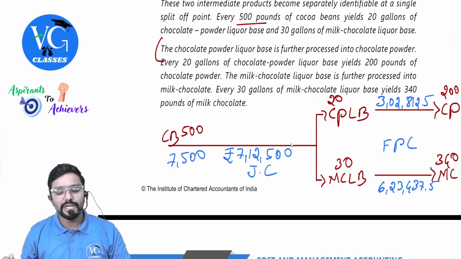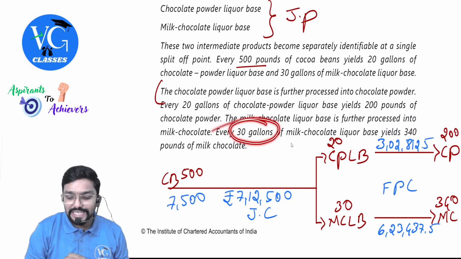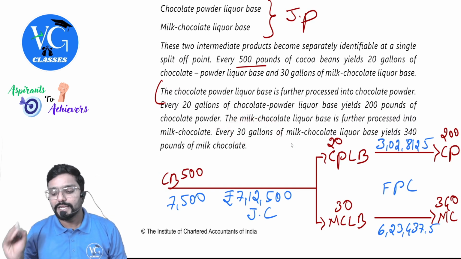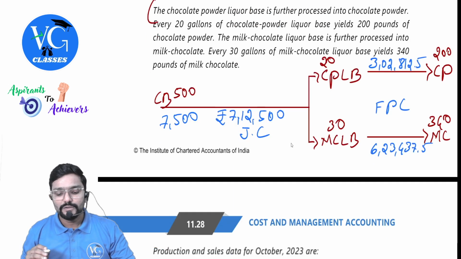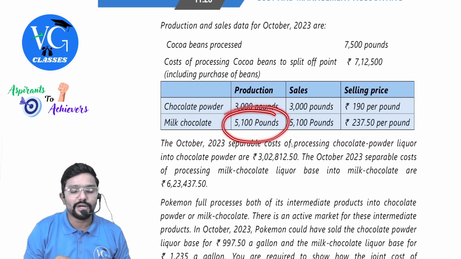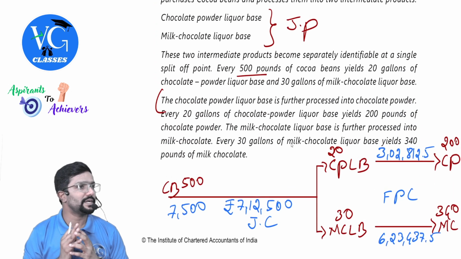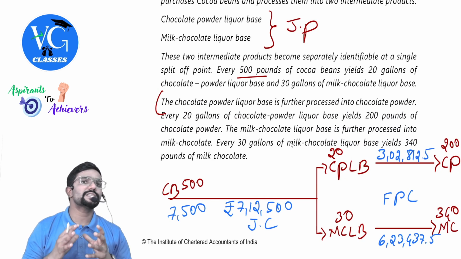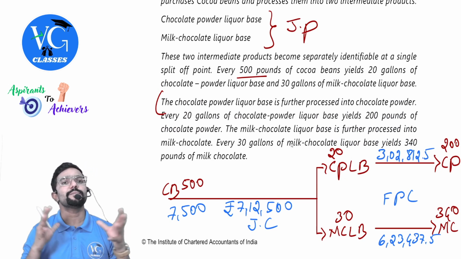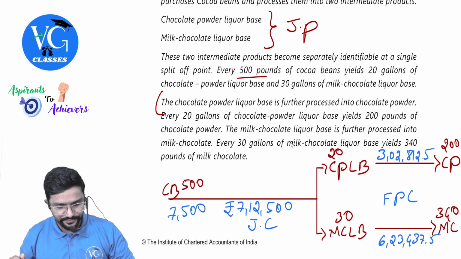Same way for milk chocolate: 30 gallons of milk chocolate liquor base will give us 340 pounds of milk chocolate. The total output of milk chocolate is 5100. If you divide it by 340 into 30, you will get the total gallons of intermediate product. Clear? Yes, that is the key calculation.